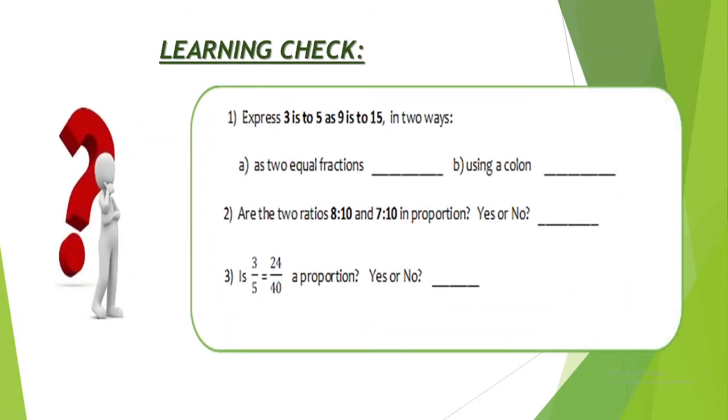So let's have an example. Express 3:5 and 9:15 in two ways, as two equal fractions. That's very simple. So we have 3/5 is equal to 9/15.